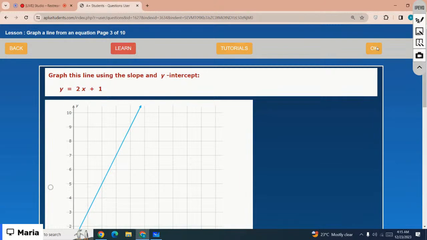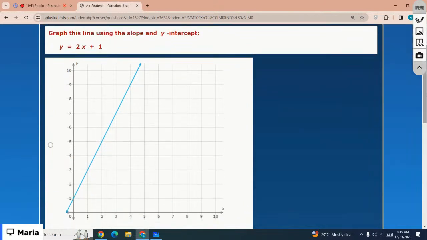Okay, y equals 2x plus 1. So the slope is 2 and the y-intercept is 1. Just check if the first graph is the solution.